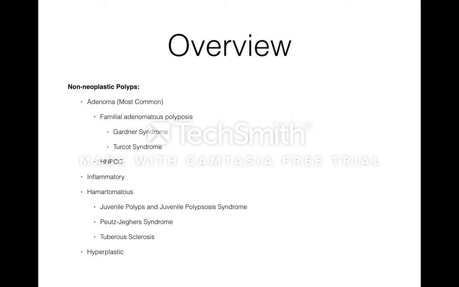Then you can also have inflammatory polyps and hamartomatous polyps, of which the syndromes associated with hamartomatous polyps include juvenile polyposis syndrome, Peutz-Jeghers syndrome, tuberous sclerosis. And then the last type of non-neoplastic polyps we will discuss are the hyperplastic polyps. And of all of these, adenomas are the most common.